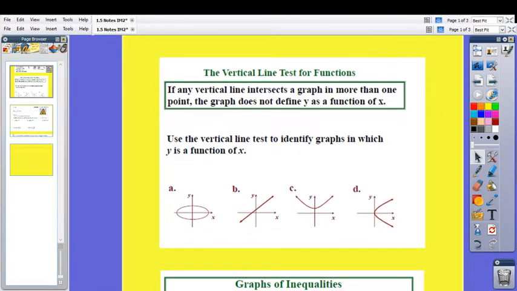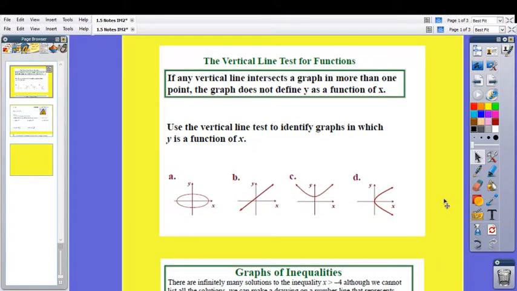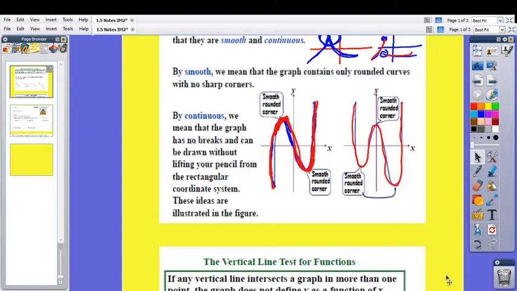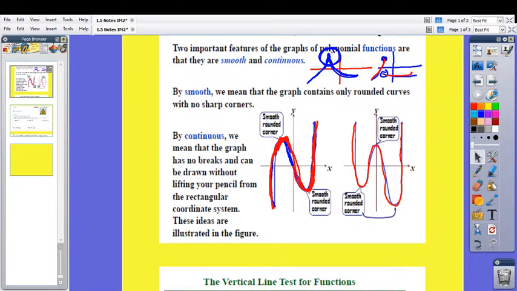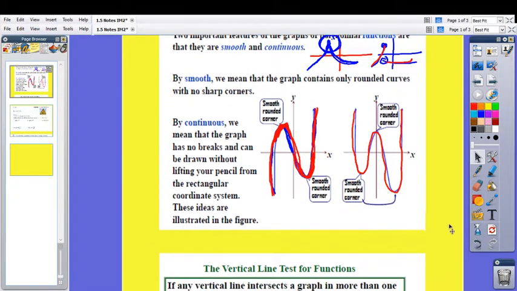Now, there is the vertical line test to find out if it is a function or not. What we figured out here is it will be a function if the corners are smooth and you don't have to lift your pencil.